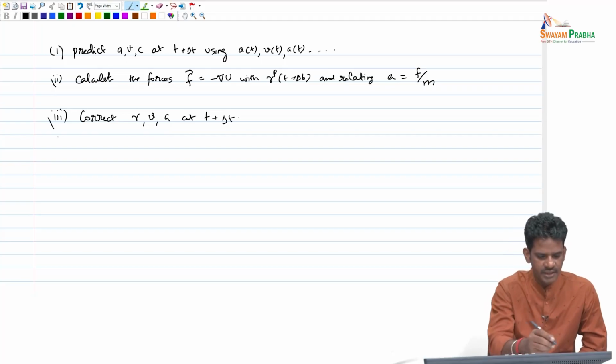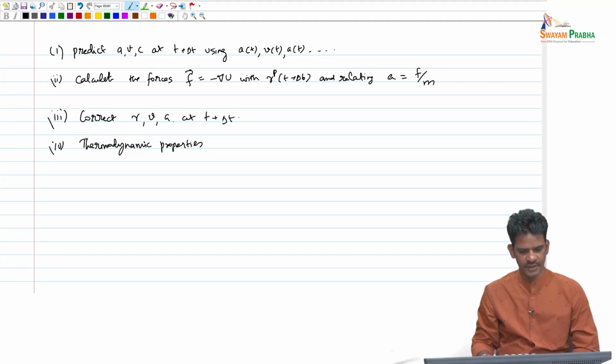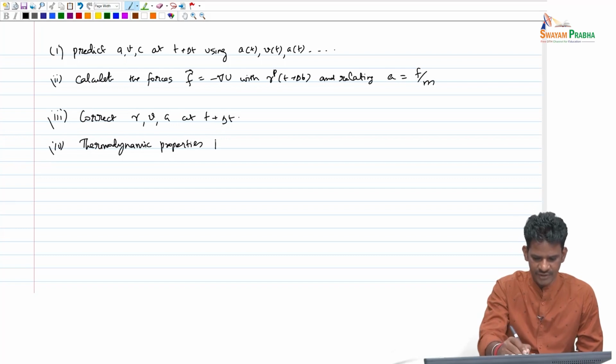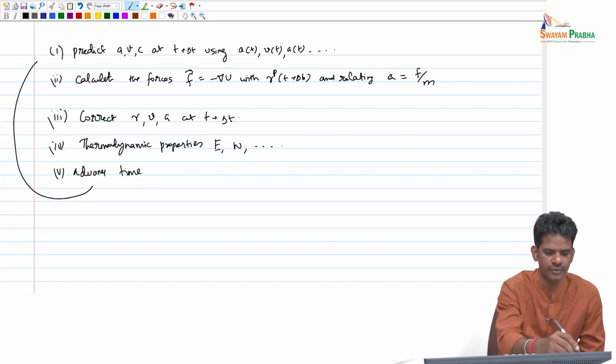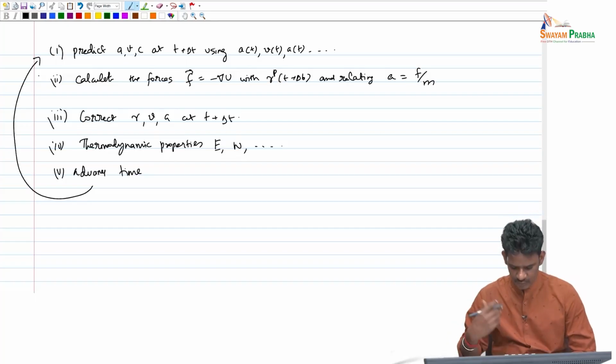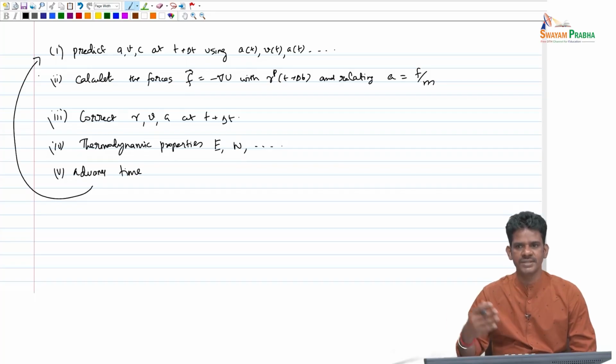And at this point, if you want to calculate any thermodynamic properties, you can do that, because now we know the current values of position, velocity, everything. So maybe if you are interested in energy or the virial or any other properties, we can measure them, and then you advance the time and loop back to step 1, and you do this iteratively over many time iterations to advance the system in time.